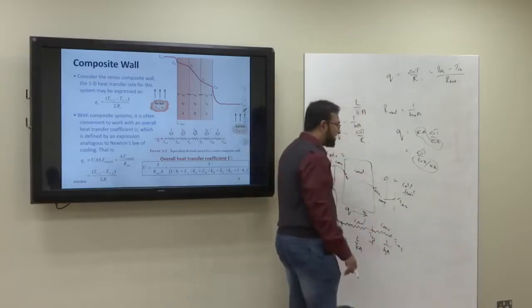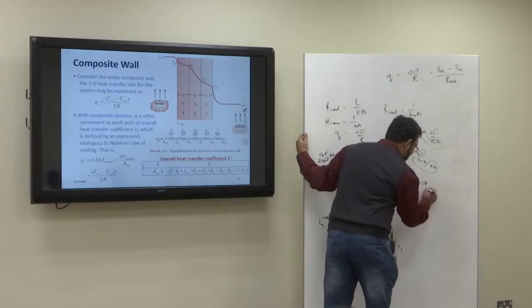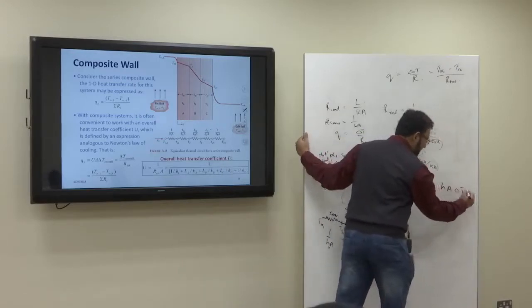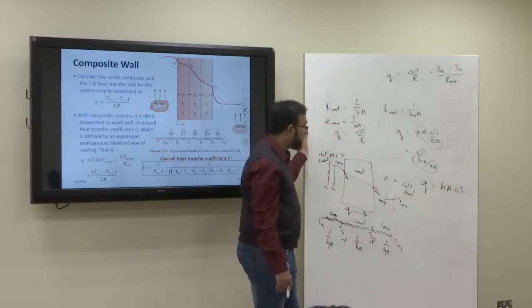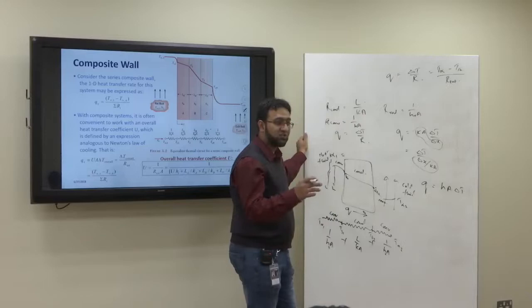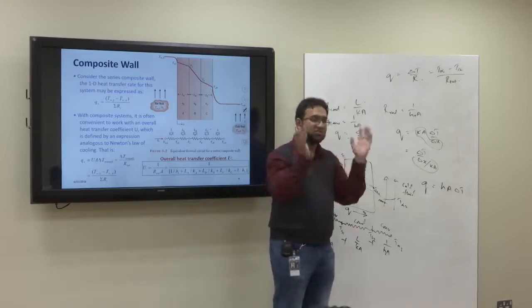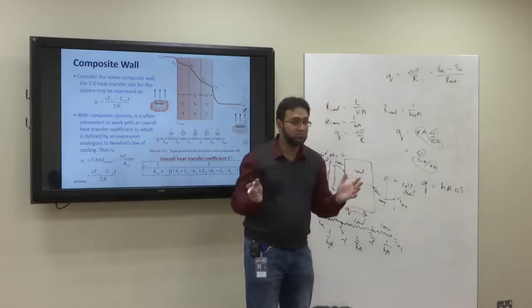Now, when you have multiple resistances, convective, conductive, radiative, the easier thing is to write the equation in this format, the convective format: Q is equal to HA delta T. This is the easiest format. But if you have not just convection, but also conduction, radiation, and a combination of multiple things, we call it the overall resistance, so the overall heat transfer coefficient.